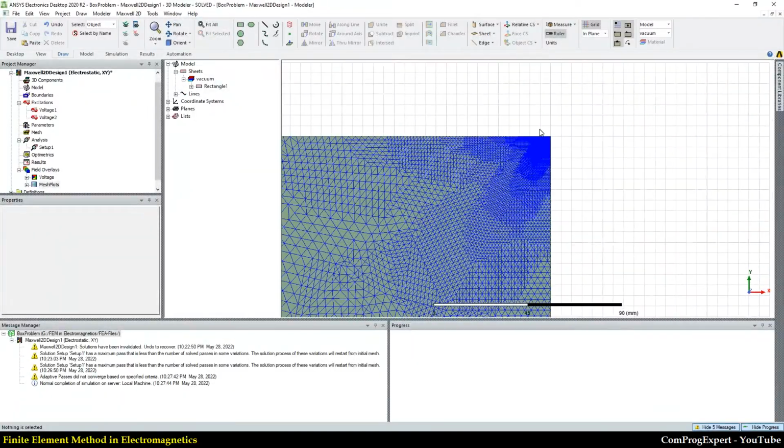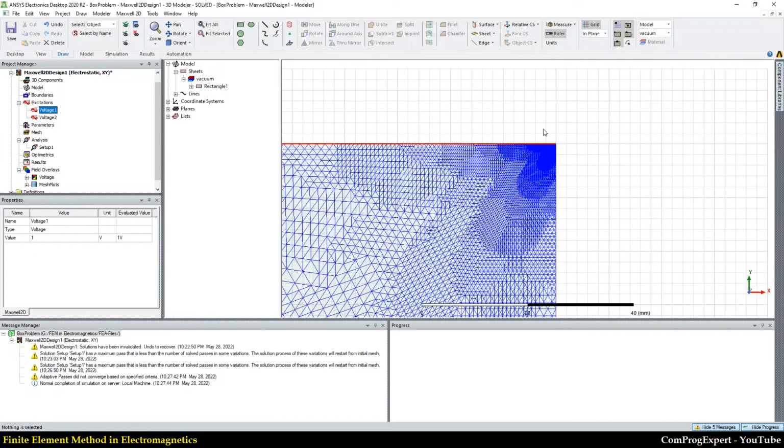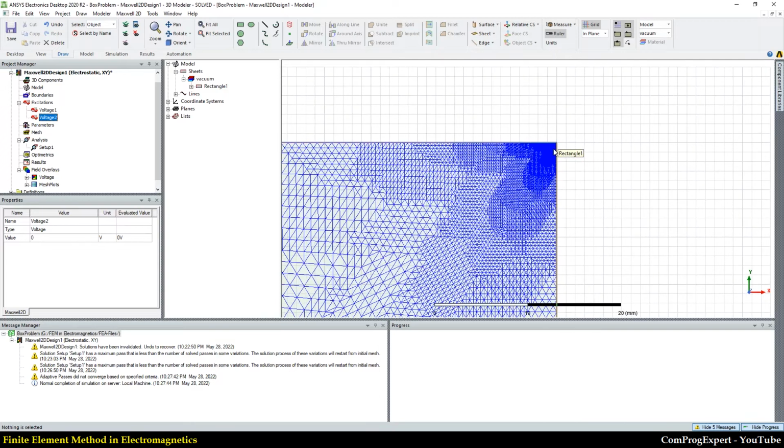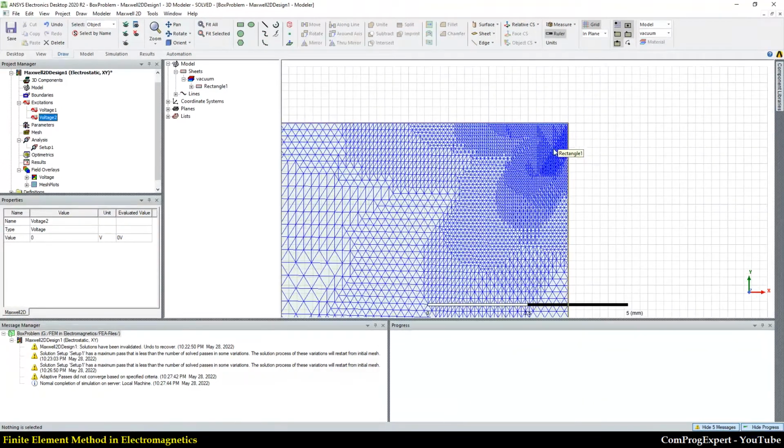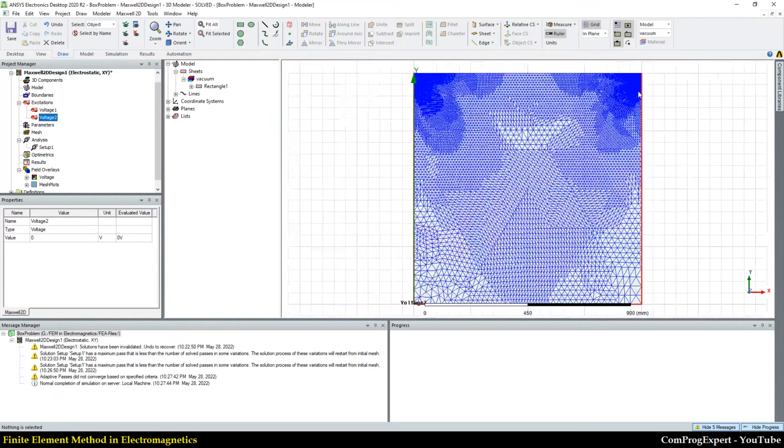Here we have electric voltage that is equal to 1, and here we have electric voltage that is equal to 0. So the gradient of electric energy here is high, right? So you can see the mesh is finer and finer in this area.